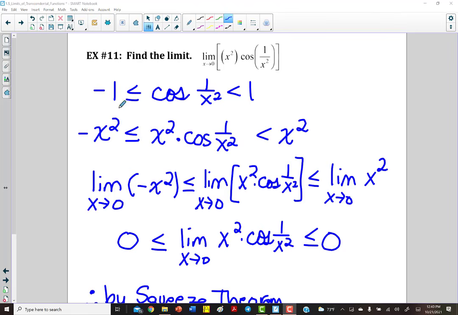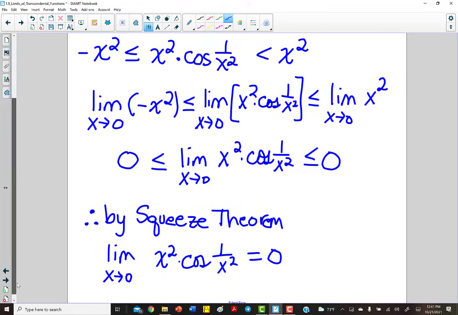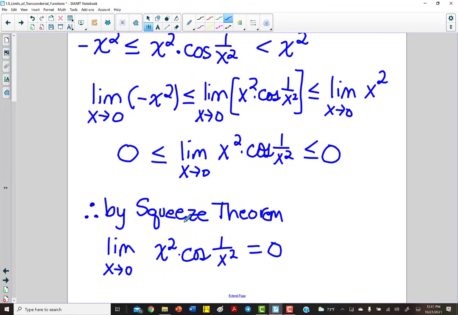And here you can see I've set it up similar to the other one, only keeping things uniform. I took the limit of the first piece, the limit of the middle piece, and the limit of the second piece. And since we knew this limit went to 0 and the right limit went to 0, then we could make the assumption that the limit in the middle was heading to 0 by using the squeeze theorem. That's the end of our lesson.